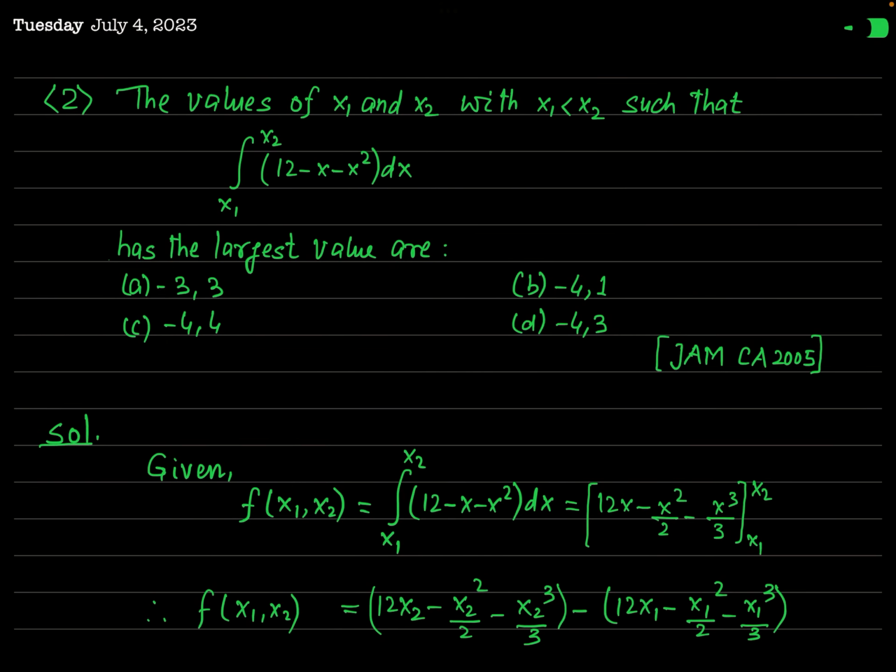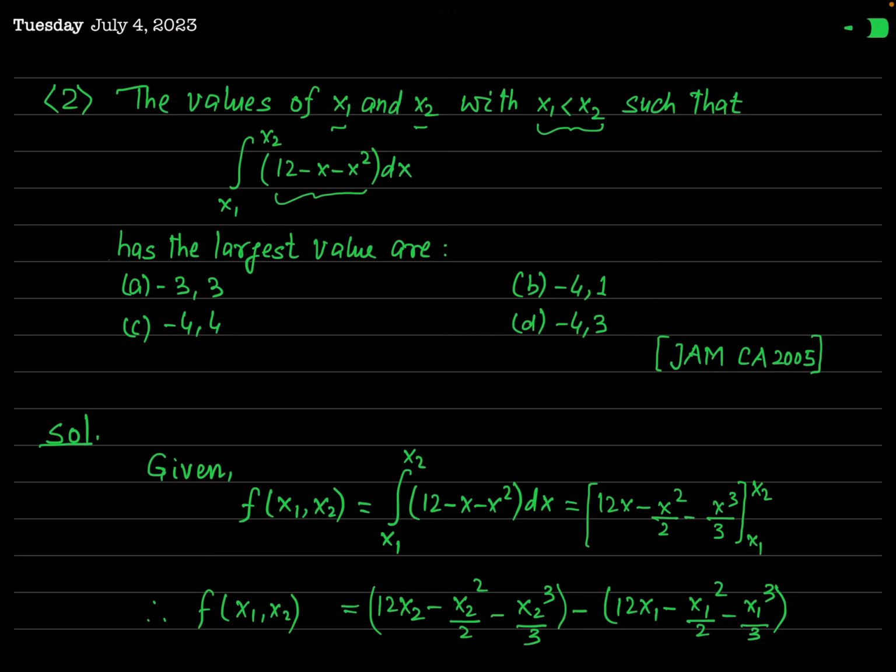Now let us see the second example. In the second example, the question says: find the values of x1 and x2, with x1 less than x2, such that the integral from x1 to x2 of (12 - x - x squared) dx has the largest value.